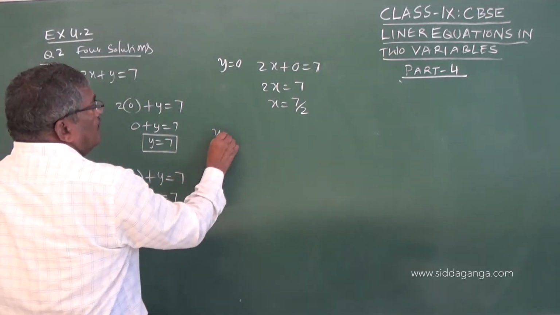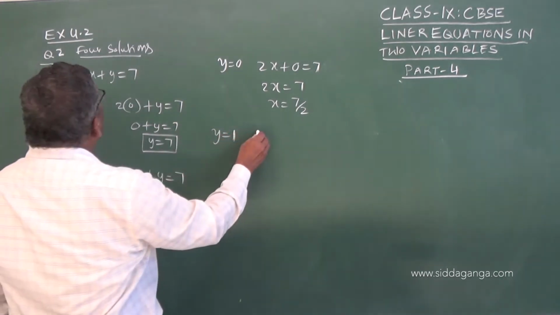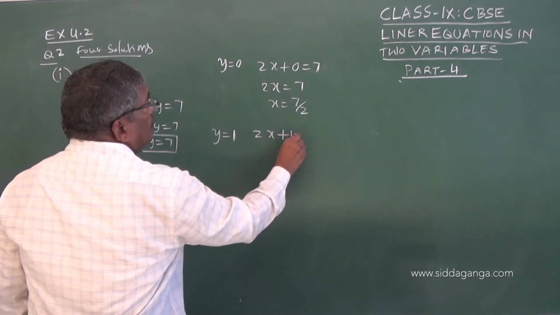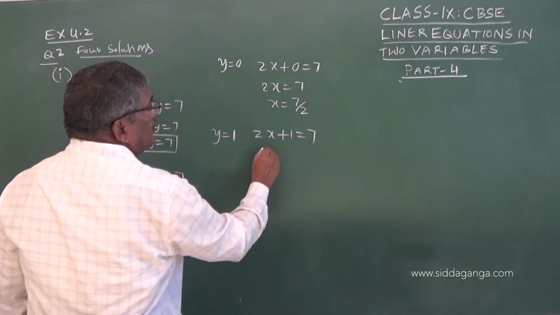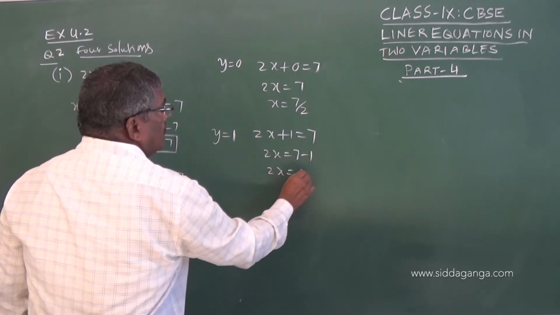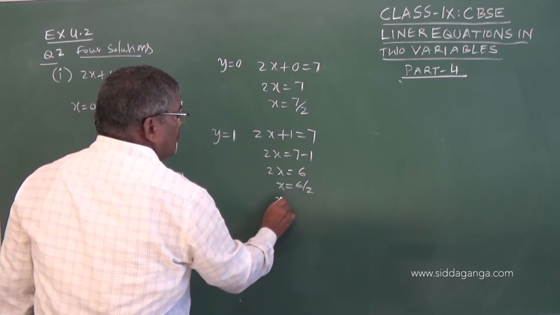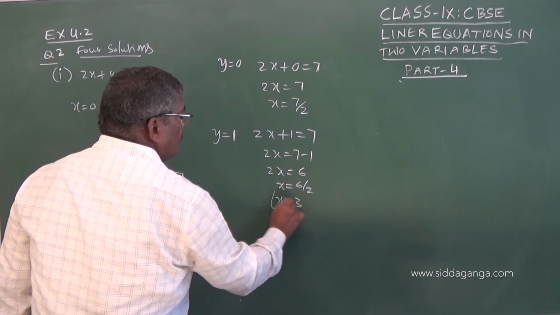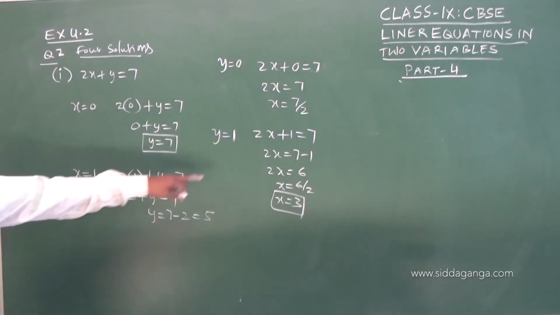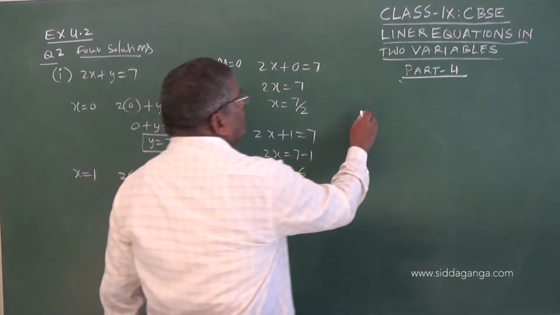Then take y equals 1. When y is 1, you will get 2 into x plus 1 equals 7. 2x equals 7 minus 1. 2x equals 6. x equals 6 by 2. x equals 3. So, solution 1, solution 2, solution 3, solution 4. So, we have found out 4 solutions.